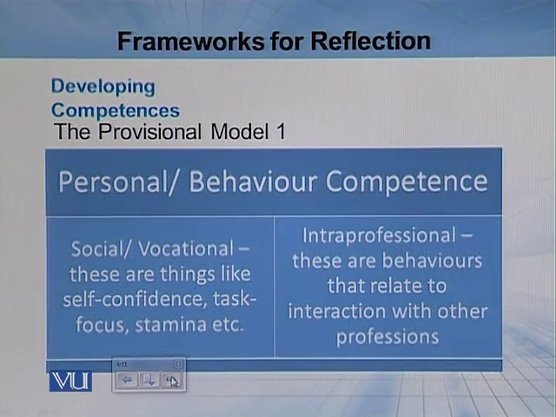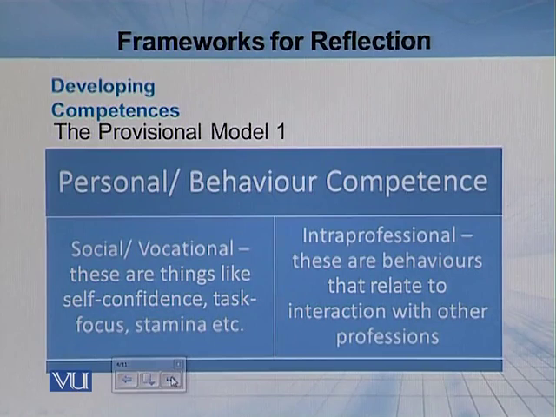Within the personal and behaviour competence, there are two components. The first component relates to teaching as a social and vocational set of skills. And this very much relates to things like confidence and our ability, the strengths that we bring, and our ability to keep going when things can be quite difficult.